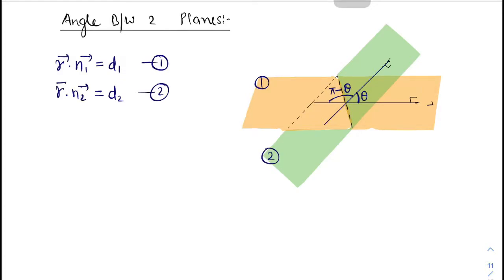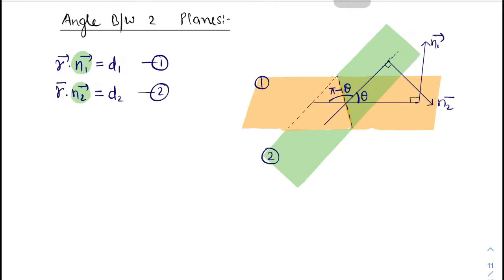Our first plane is perpendicular to n1 vector and the second plane is perpendicular to n2 vector. So let me draw these two normal vectors. Let us consider this vector to be n1, which is perpendicular to the first plane, and this vector, which is perpendicular to the second plane, is n2 vector.